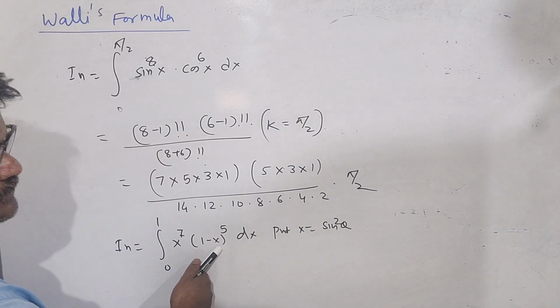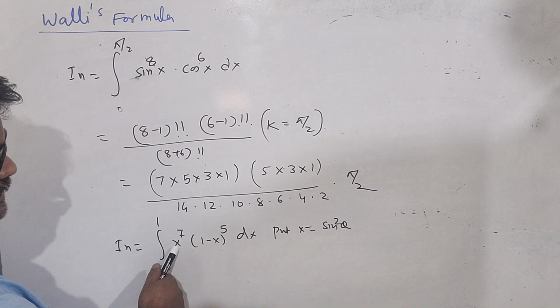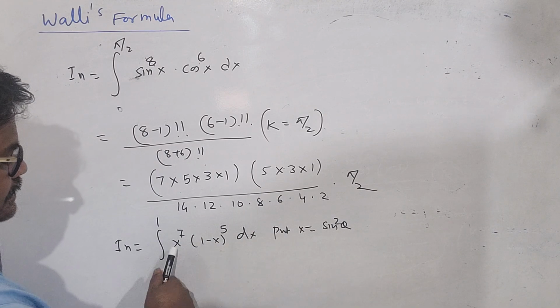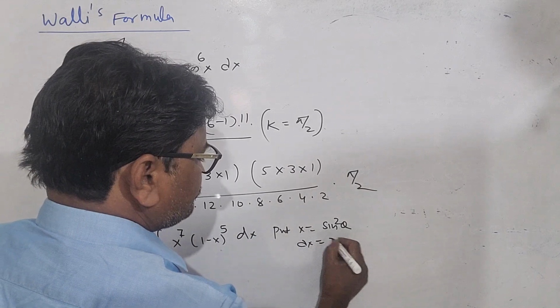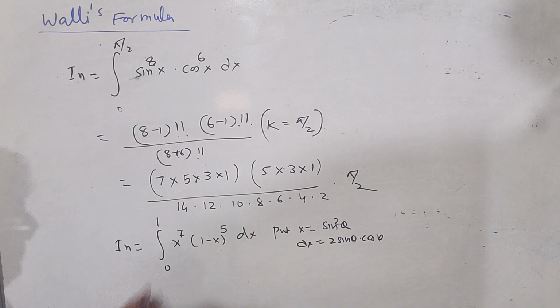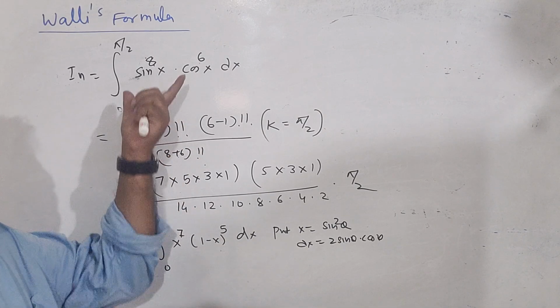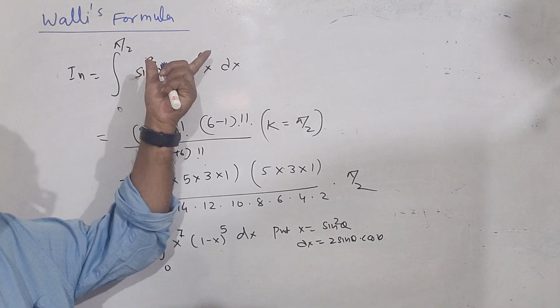So 1 minus sine square theta will be cos square theta, that will give the cos power. X is already sine square theta, that will give the sine power, and dx will be 2 sine theta cos theta. Finally, you converted this expression into powers of sine and cos, correct?